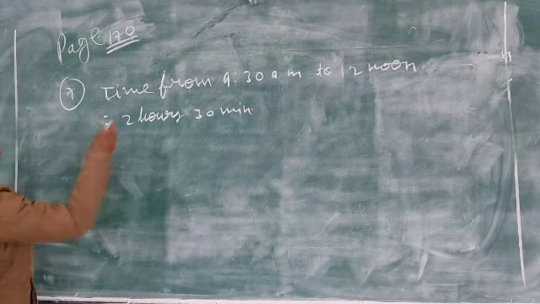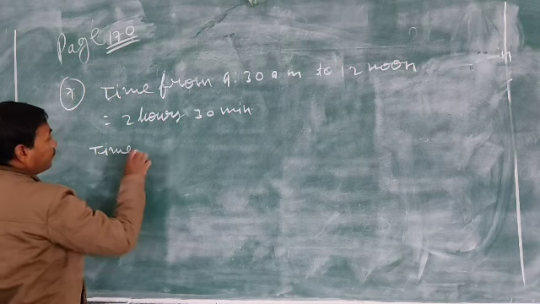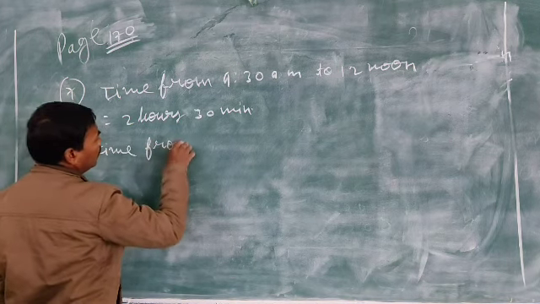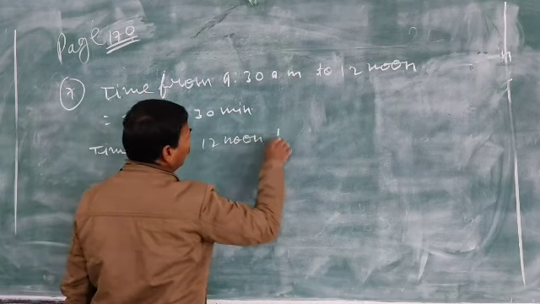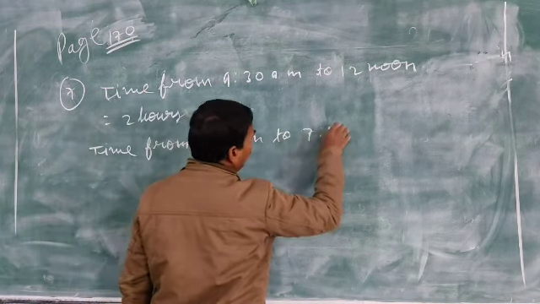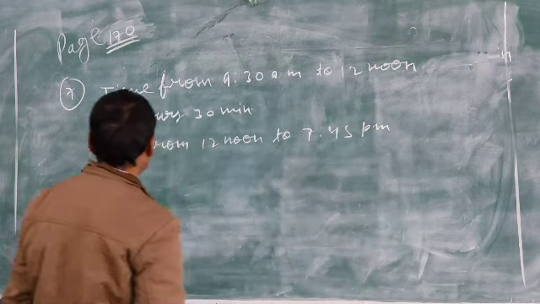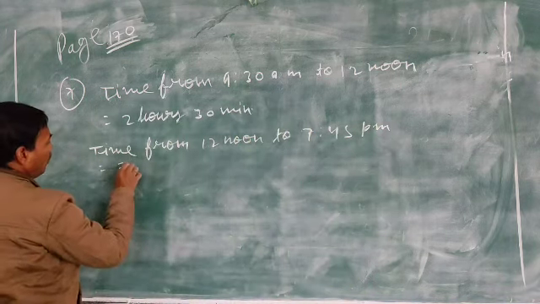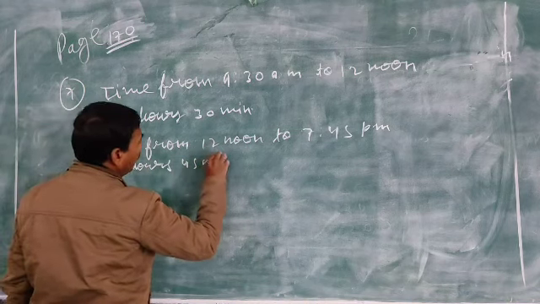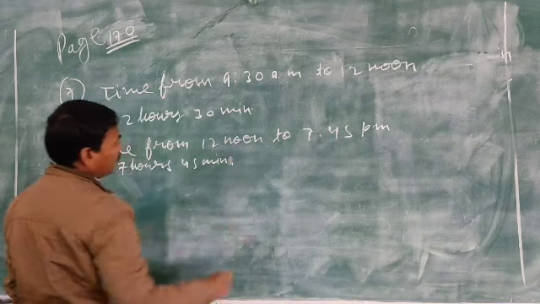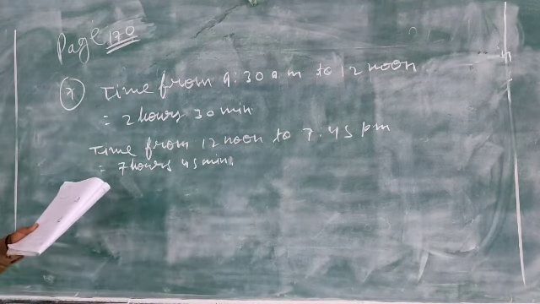And the second sub-interval time from 12 noon to 7:45 p.m. will be 7 hours and 45 minutes. And after that you will add.